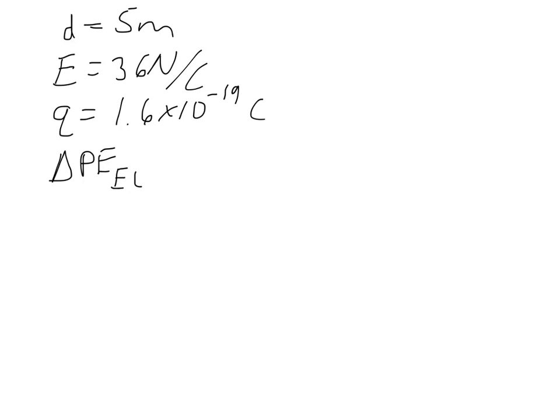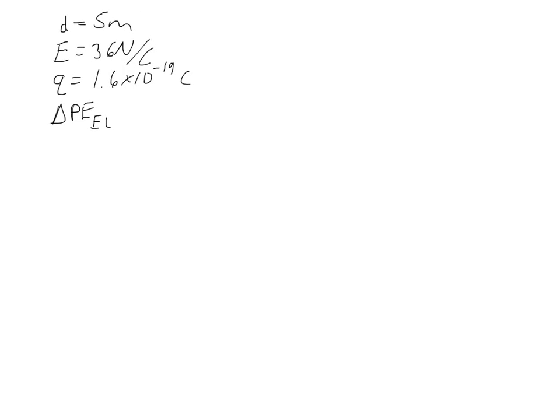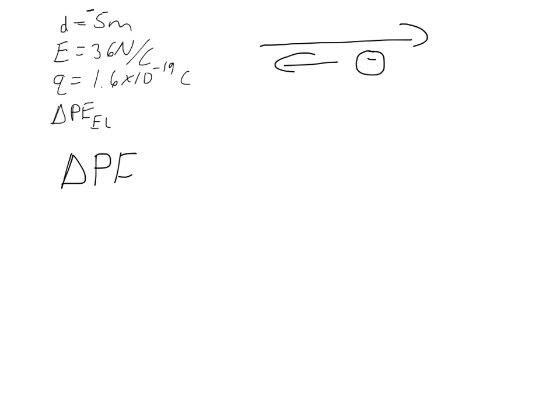So, same equation. However, this time we have the electric field pointing one way, and our electron is moving the opposite direction. So we're going to have to make either the distance or the electric field negative, and if they're in the opposite direction, I will always make the distance negative. So again, we're going to use change in PE equals negative Q times the electric field times the distance.